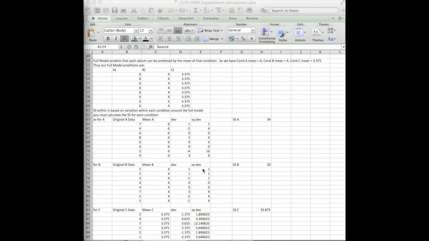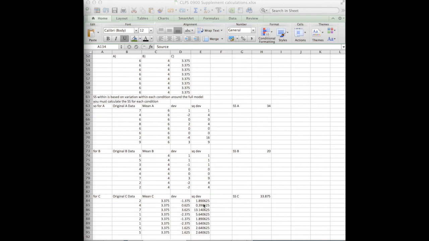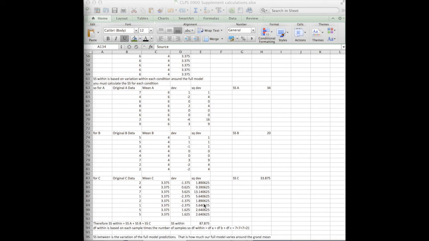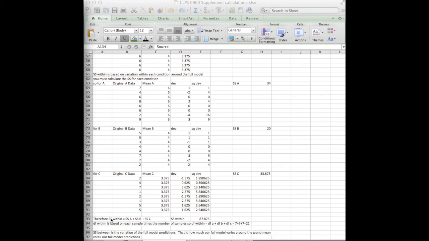Sum the square deviations, and then you'll get the sums of squares for B, and the exact same thing for C. So to get your total sums of squares within, you would add the sums of squares of A that you found, sums of squares of B, and sums of squares of C. And when you add these numbers, you'll get sums of squares within here. So I calculated that to be 87.875.